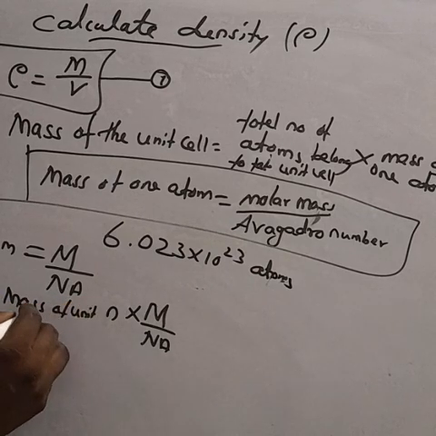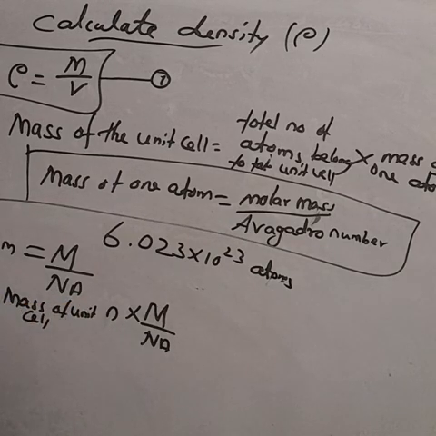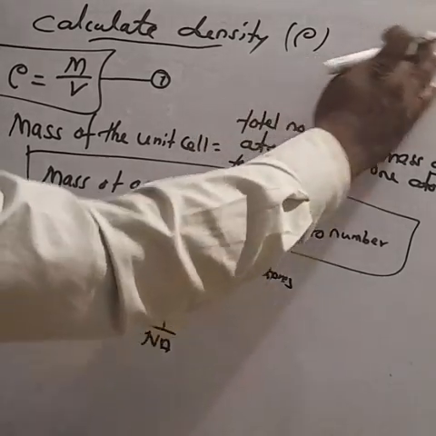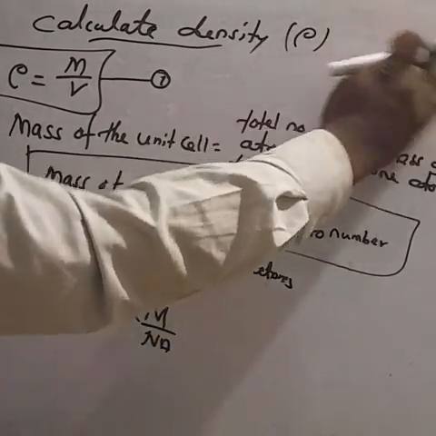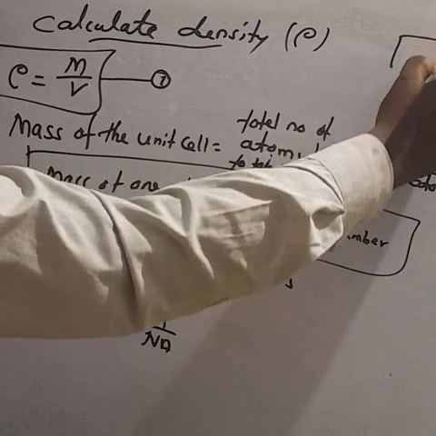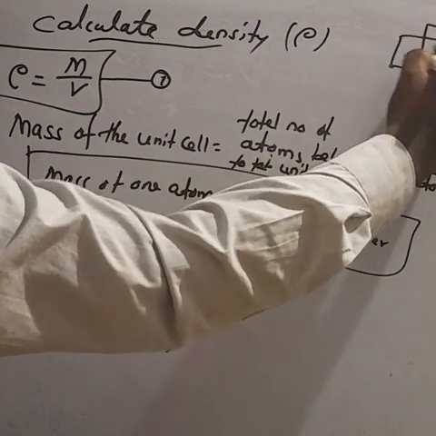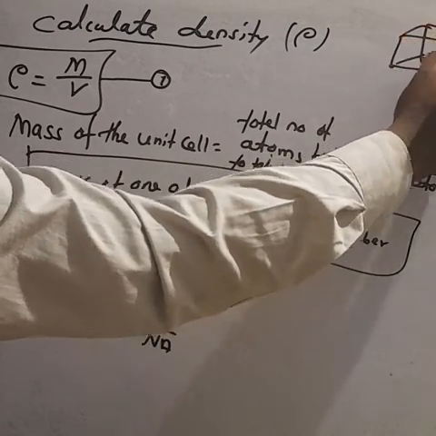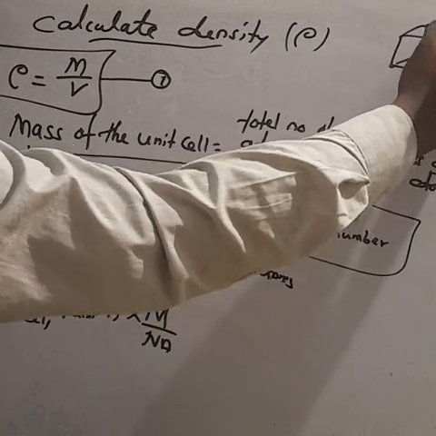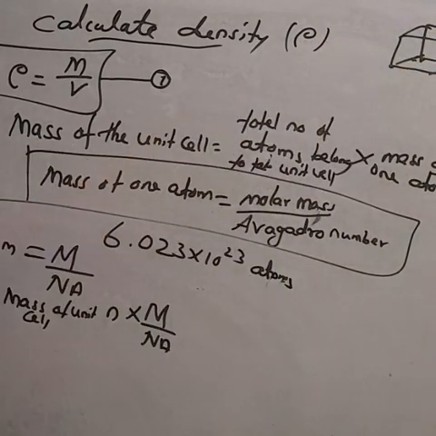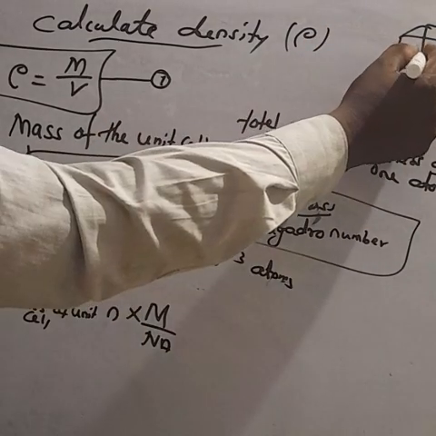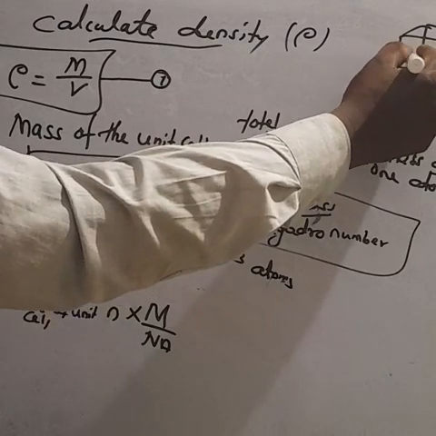For a cubic cell, first I am taking a cubic cell. Imagine this is a cube, all sides are equal. We can say length into breadth into height.